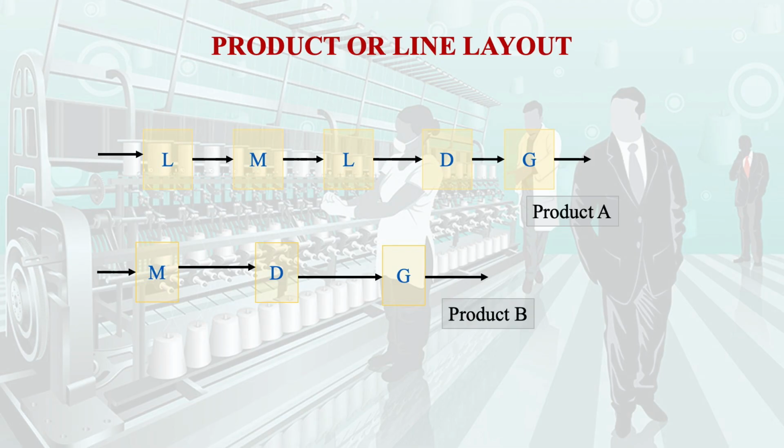For example, if a certain operation is required on a lathe, that part will go on a lathe machine, then milling machine, then another lathe machine, then drilling machine, and finally the grinding machine, and product A is ready. Similarly for product B, first it will go on the milling machine, then drilling and grinding, and the product is ready. So this is the main product layout.